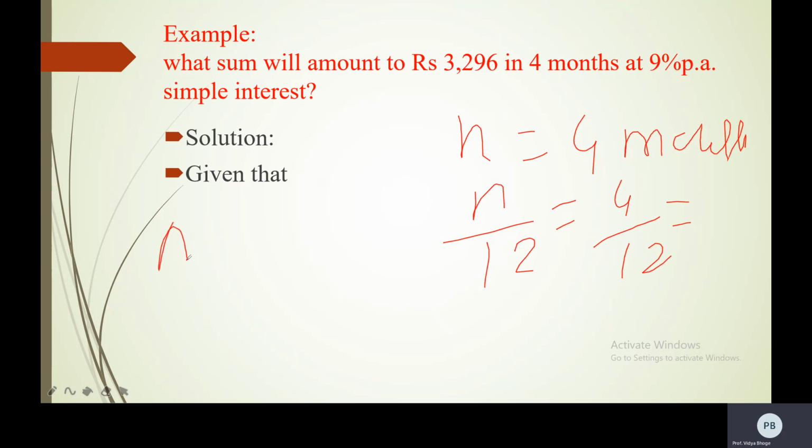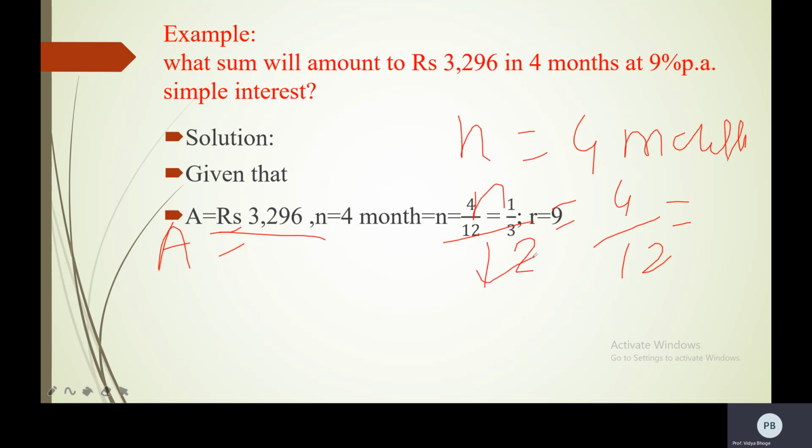What is given here? The amount A is rupees 3,296. N is 4 months, which we convert into years: 4 divided by 12, we get 1 by 3.